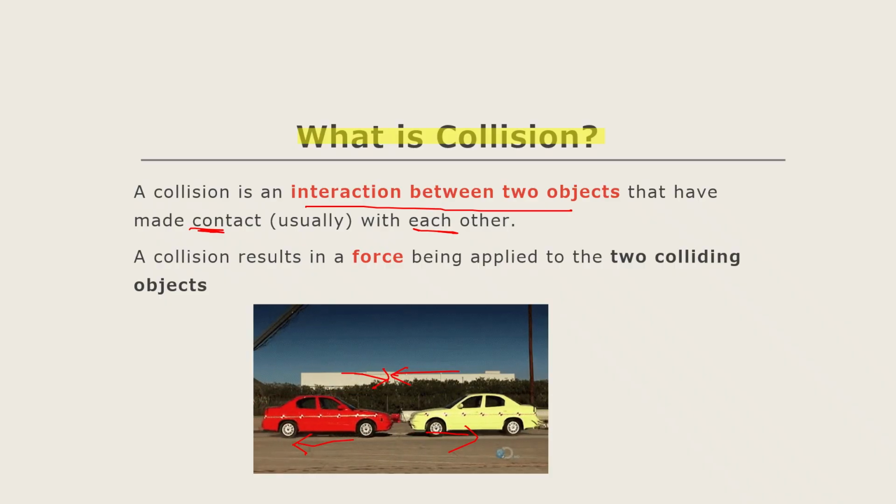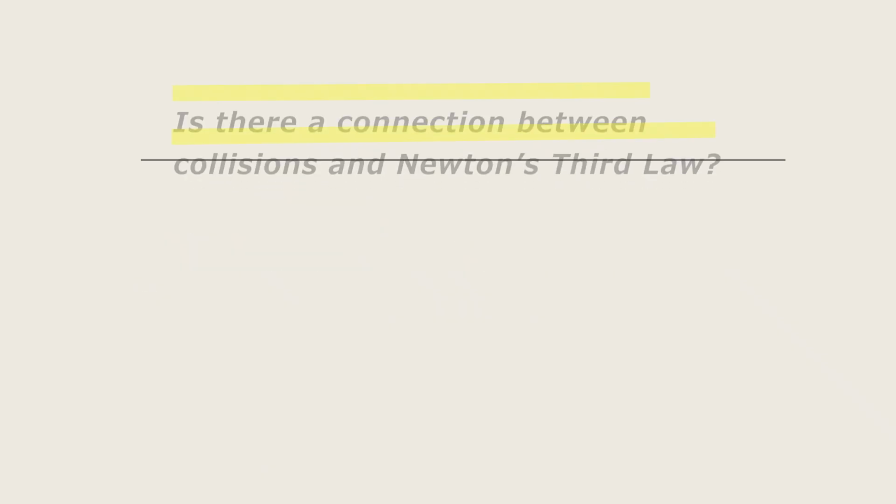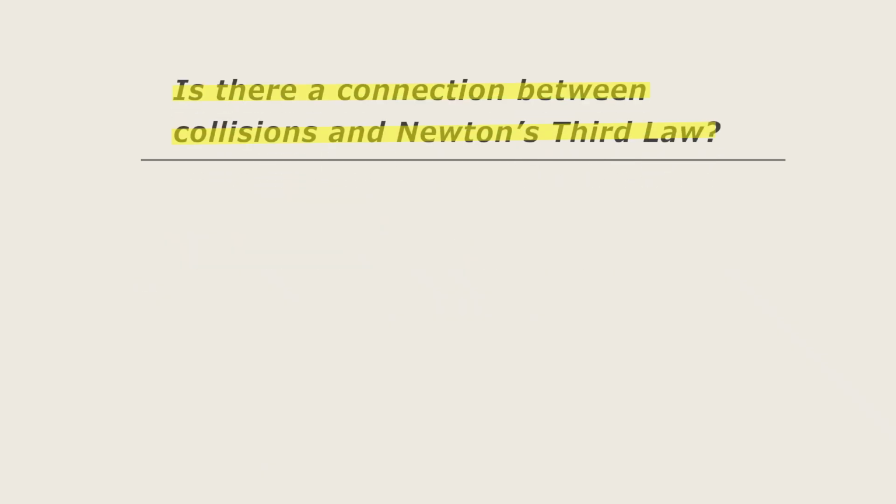As these cars collide with each other, the red car is applying a force on the yellow one, and the yellow car is applying a force on the red car. Is there a connection between collisions and Newton's third law?